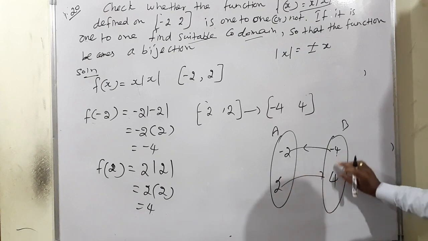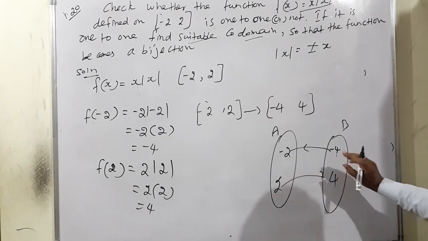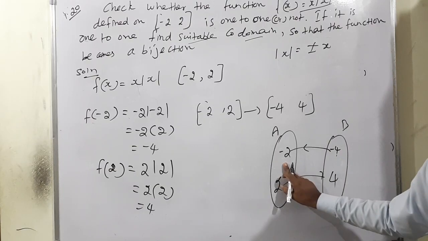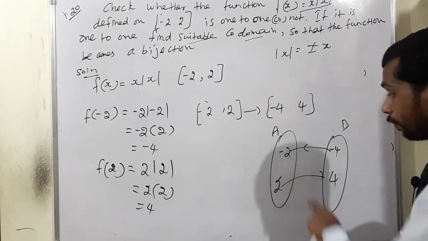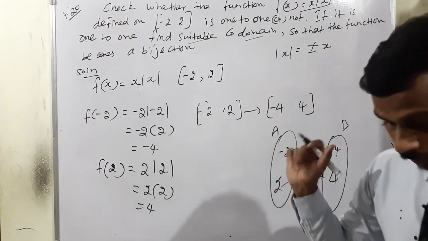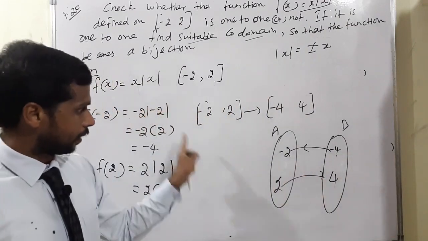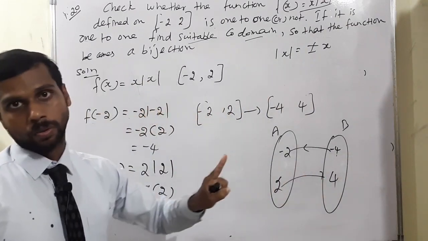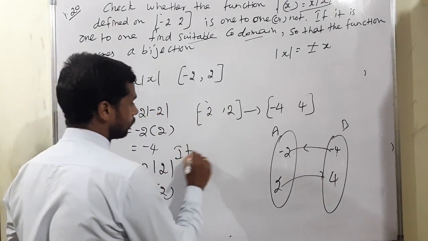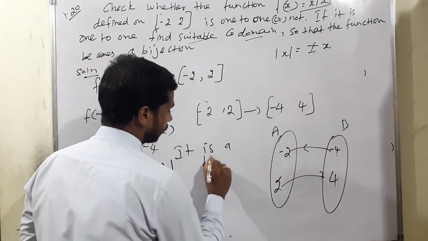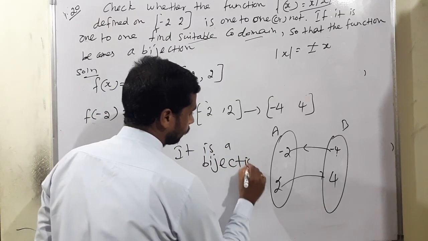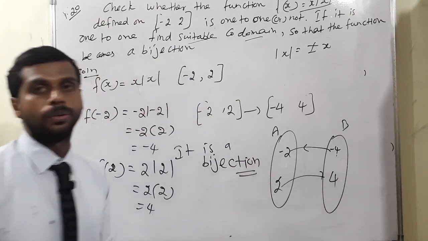So in between negative 4 to positive 4, whatever value, it maps to a pre-image. Therefore, we can say it is onto. Already I proved one-to-one also. So now it is clear it is one-to-one and onto, therefore it is a bijection. Okay, I will continue with the next question.